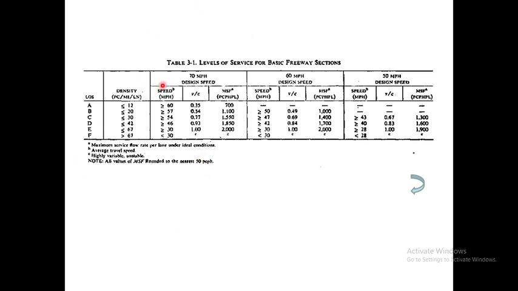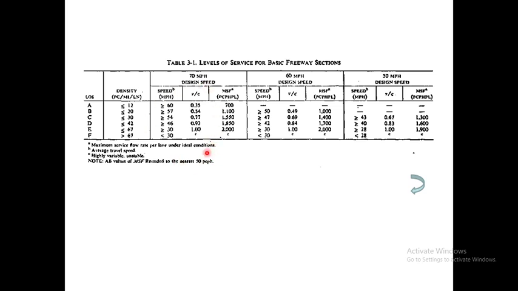In the final exam or in a given problem, the speed is always given information. So if we say the design speed is 60, you have to come to this part of the table. If we say 70, you have to come to this part of the table, obviously. So this table gives us simply so much information.